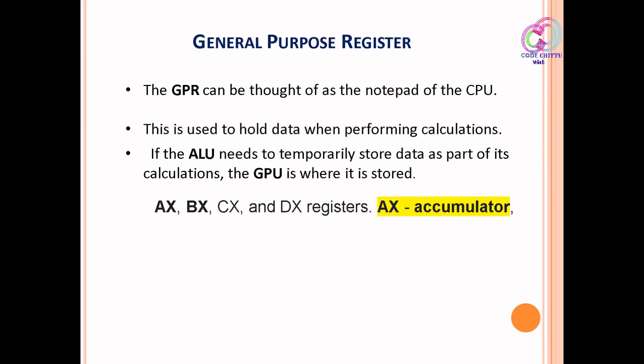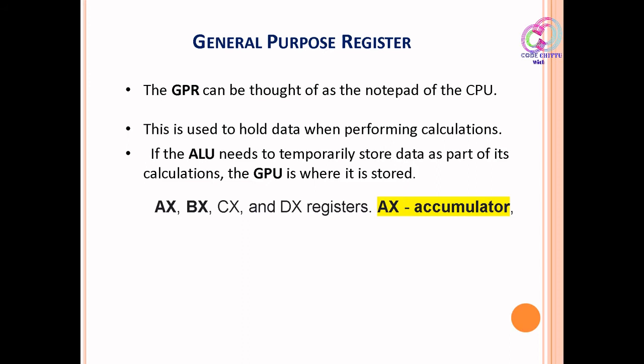And this general purpose register. Here I have to explain: in the older days they didn't use the word general purpose register, directly we would say accumulator. This accumulator is present inside the ALU, and the default result is mostly stored in this accumulator. But nowadays they say general purpose registers, so it depends upon the processor.